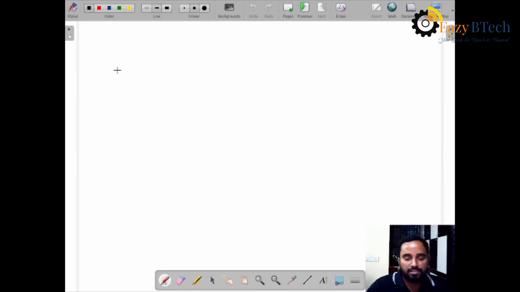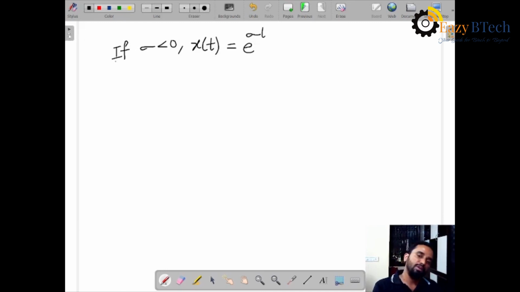Next, go to sigma less than 0, opposite to greater than 0. Case 3. If sigma is less than 0 or negative, then x of t will become e power sigma t into e power j omega naught t. Is it right? If sigma is less than 0, e power sigma t will become exponentially decreasing because sigma is negative.